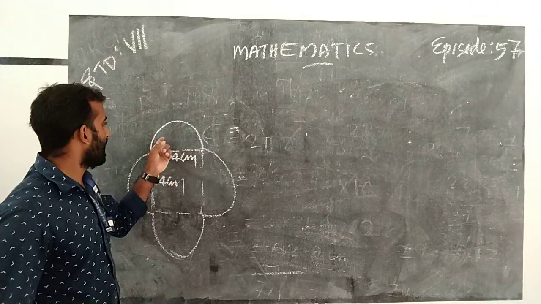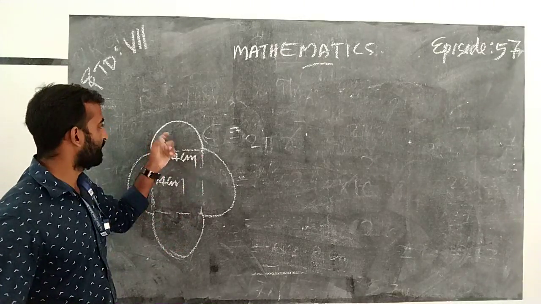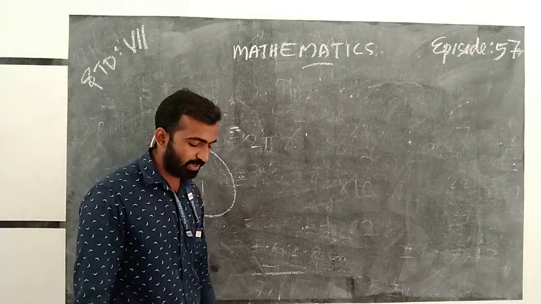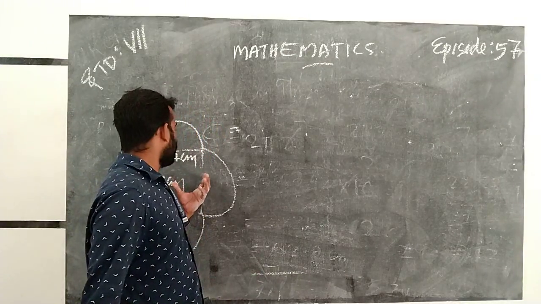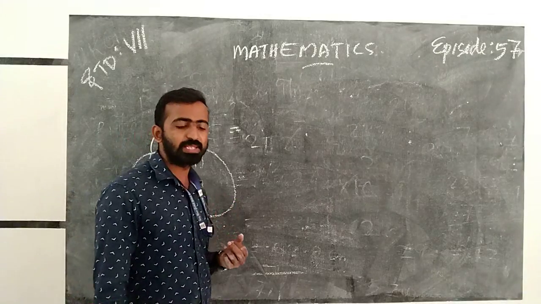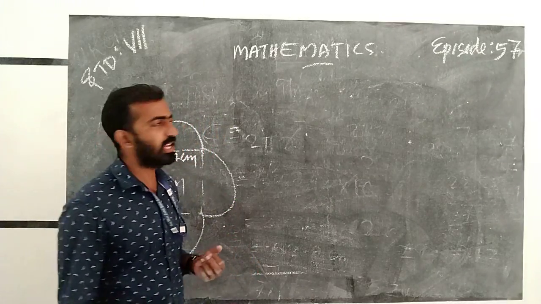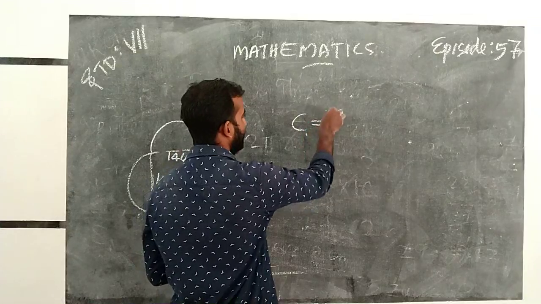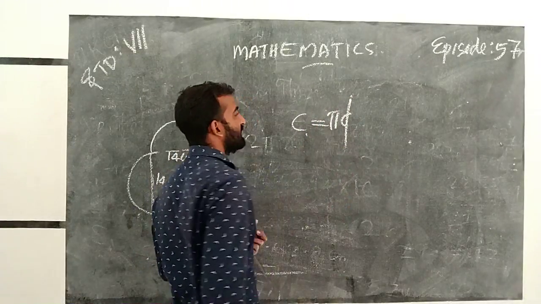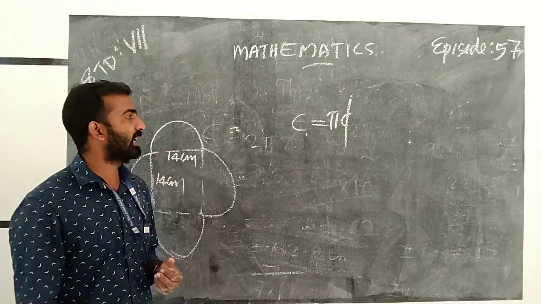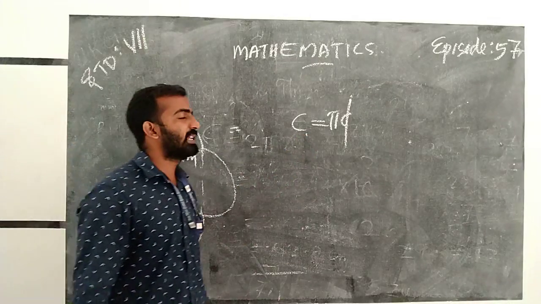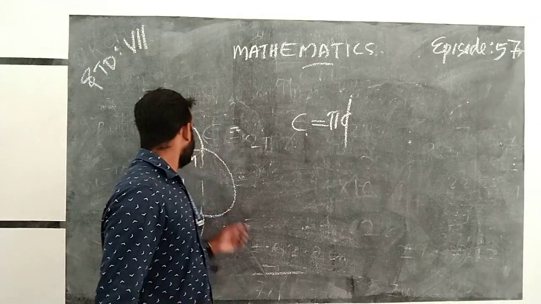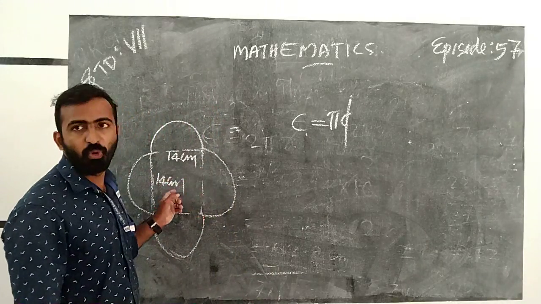Here there are 4 semicircles, and 2 circles have the same diameter. Circumference of a circle equals pi d, where d is the diameter and pi is 22 by 7, and here the diameter is 14.